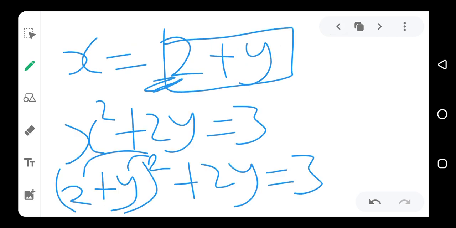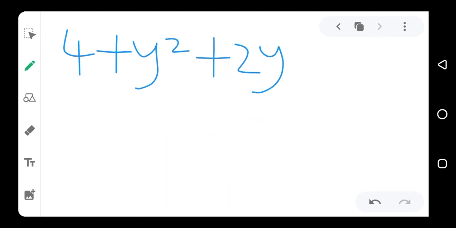Then this 2y, that is this one, then everything is equal to 3. Now we rearrange it to look like a normal quadratic equation. We start with the highest power.